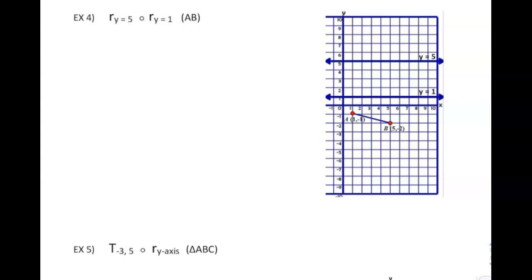So notice that you're starting with this little segment AB. It's not even really a shape, it's just a little segment right here. First, we're going to reflect over y = 1. So first we're going to reflect over this. Then, after we've done that, we'll reflect it over that line.